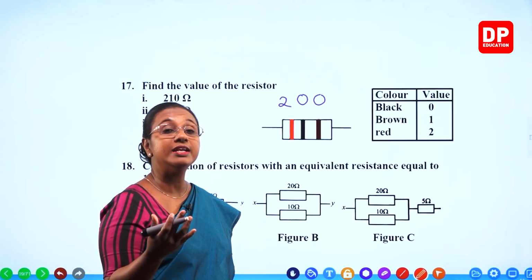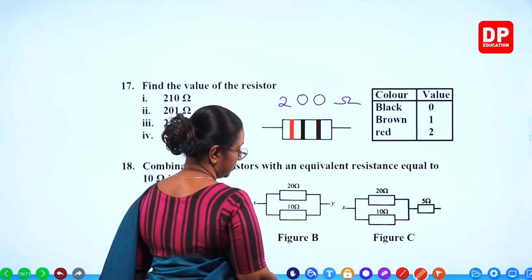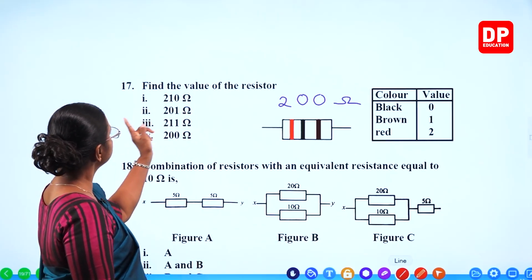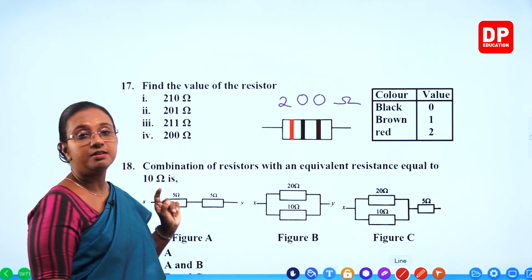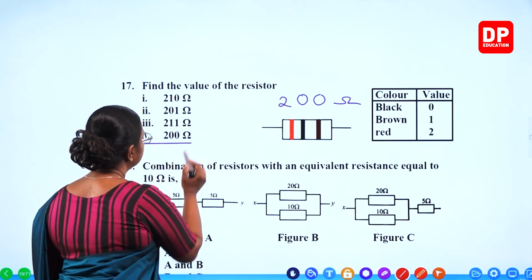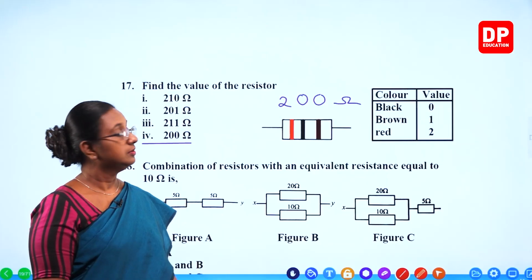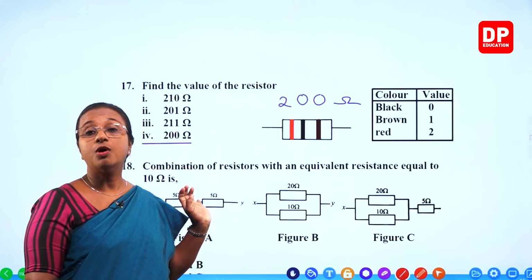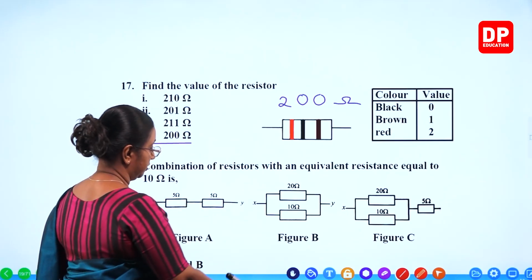So you put 1, 0. So the resistance becomes 200 ohms. So if you look at the answers, 210 ohms, 201 ohm, 211 ohms, 200 ohms. So the answer is 200 ohms. Red, black, brown. Is that clear to you? So that is how we find the value of the resistor using the color bands, color code.